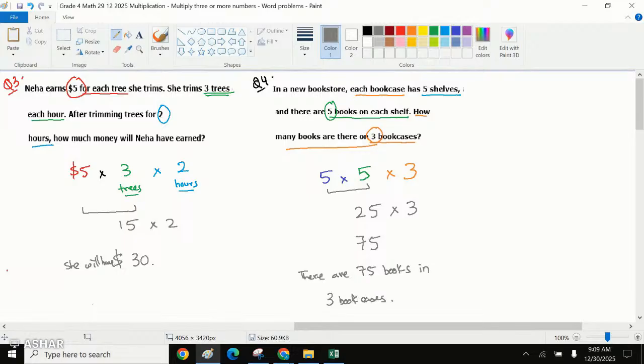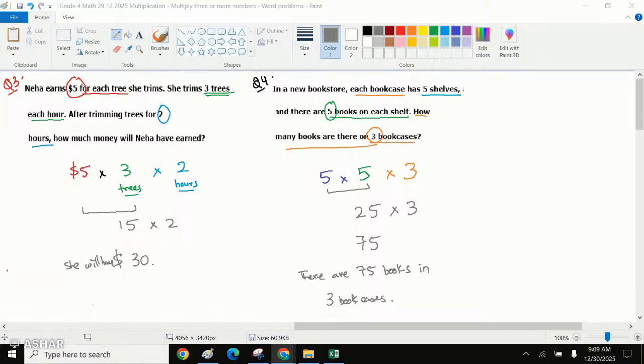Okay. Do we agree on this answer? Yes. Thank you, Aiken. That is 75 books in 3 bookcases. Moving on to the next.